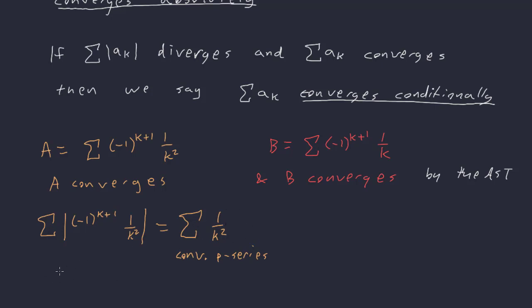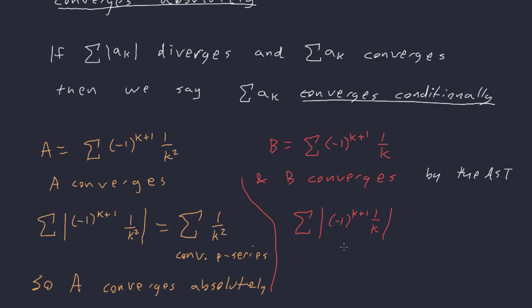So this series converges, so A converges absolutely, right? Because its series of absolute values also converges. On the other hand, B, well, if we look at the series of absolute values for B, once again, the absolute value of the negative 1 to whatever power, that's just going to become a positive 1.